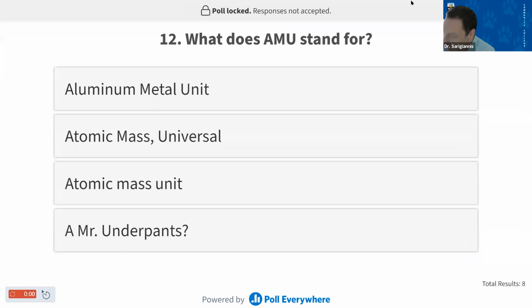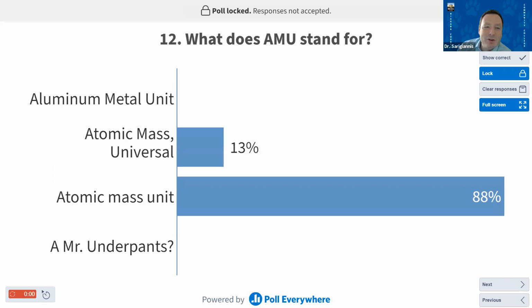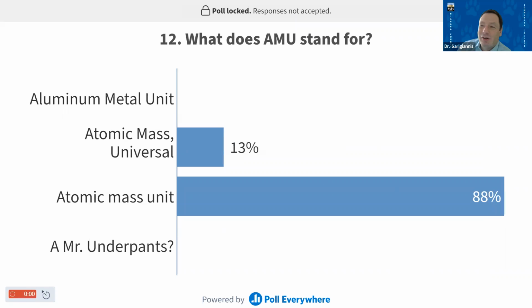And I just mentioned this one earlier. So atomic mass unit, yes. Thank you for not choosing Mr. Underpants. Atomic mass unit, that's what it stands for.